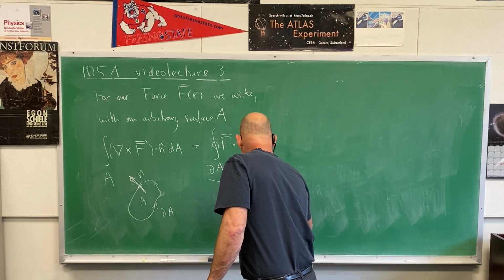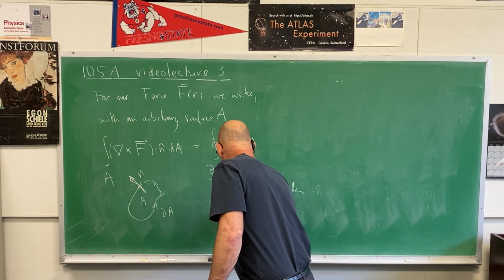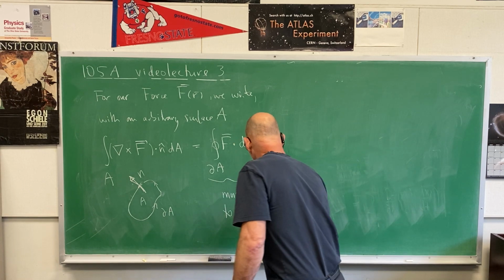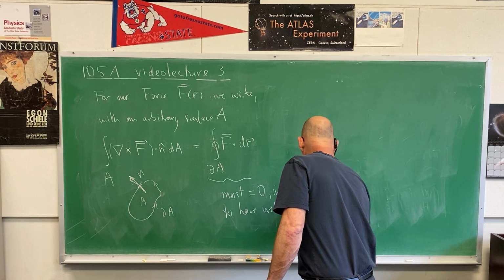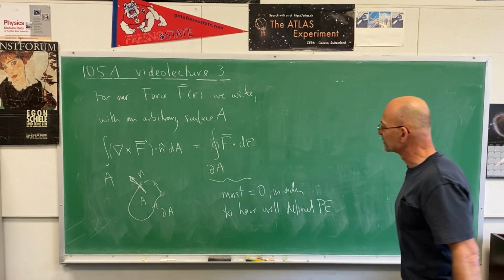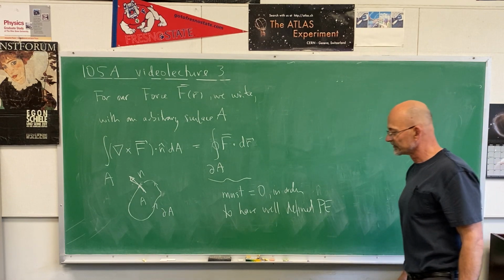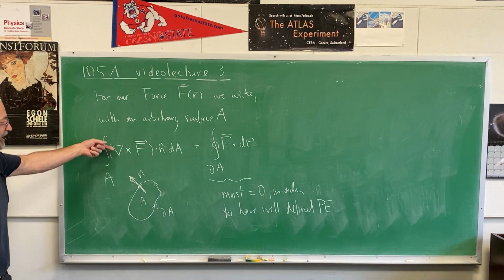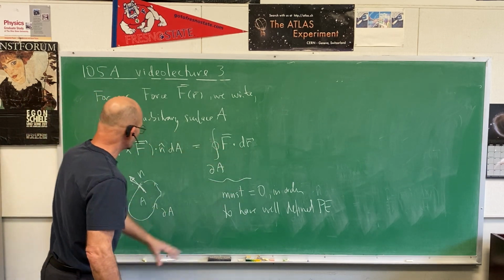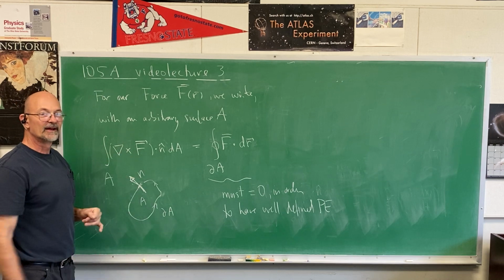It must equal 0 in order to have well-defined potential energy. Okay, that's what we have on the right side. What do we have on the left side? This can always be 0, and this is an arbitrary surface. That's only going to happen if the curl of F is 0.